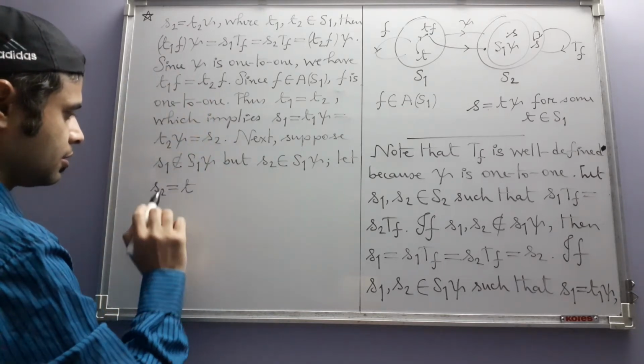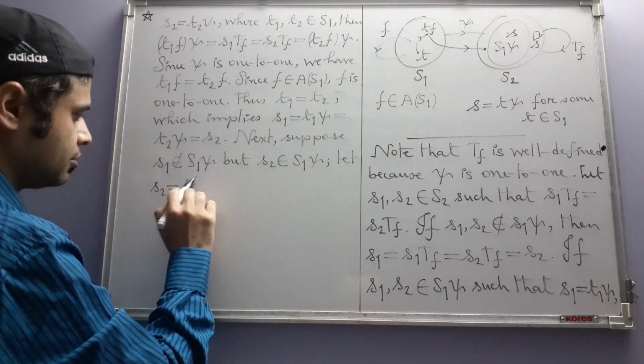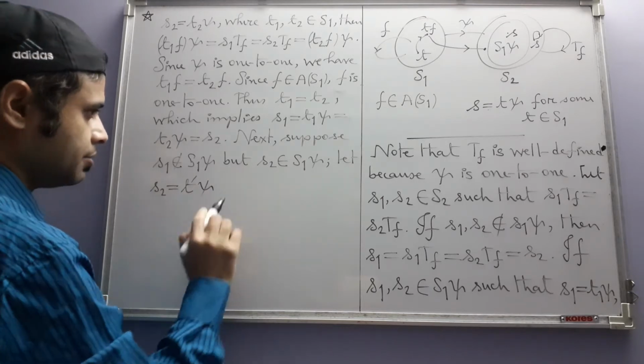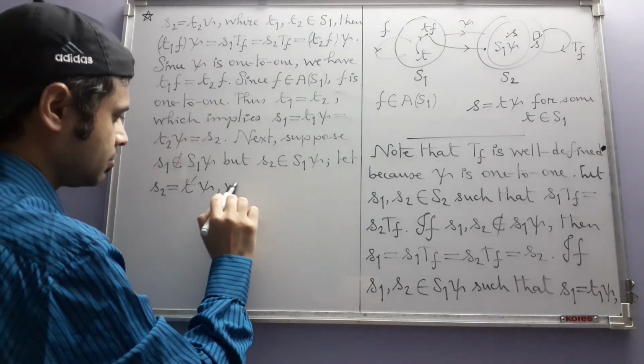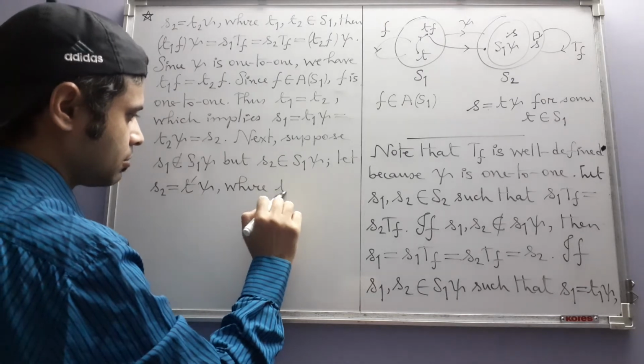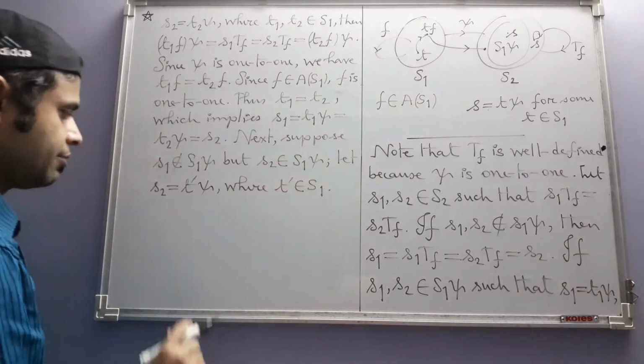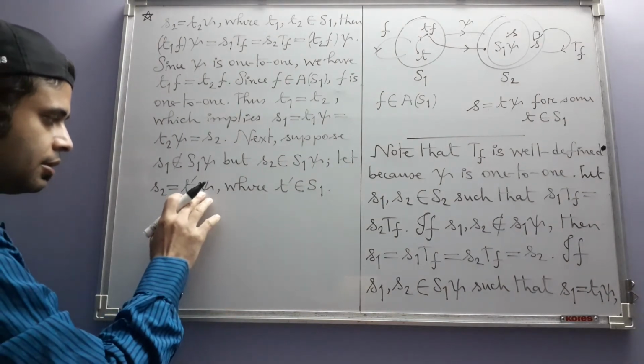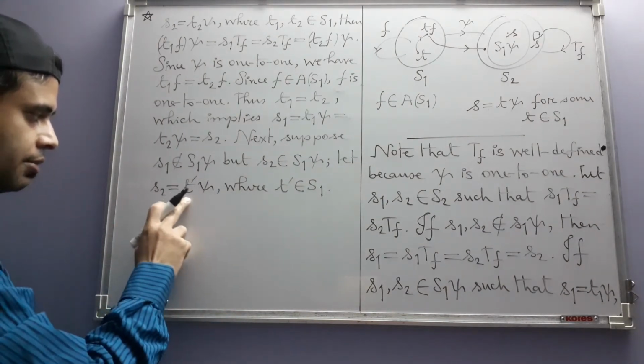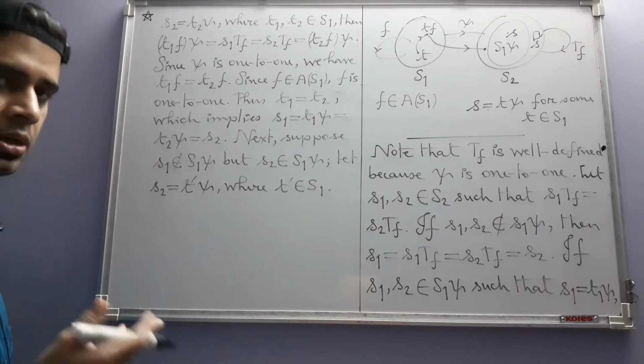So let us just simply write T prime psi, where T prime is some element in S1. In fact, we already know, because psi is 1 to 1, this T prime is uniquely determined by S2.